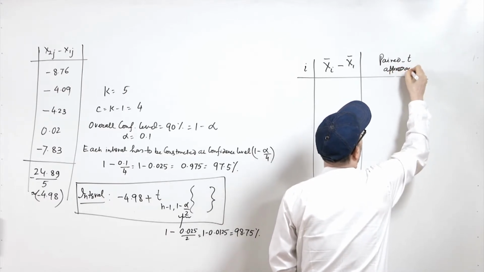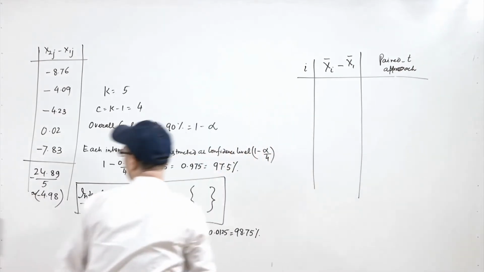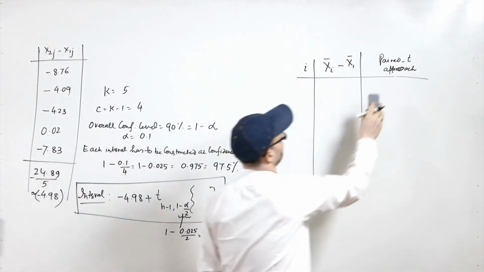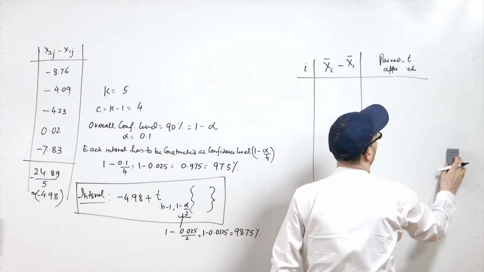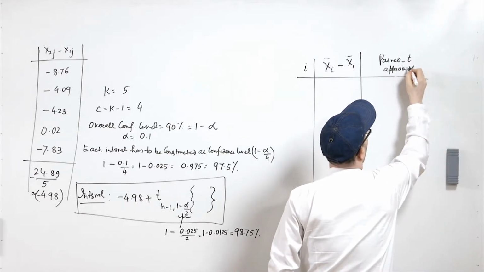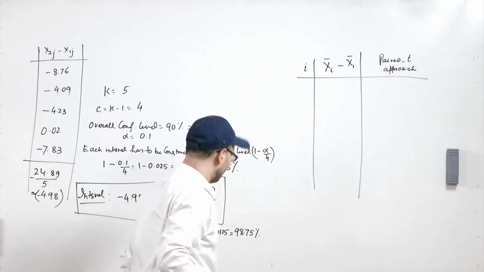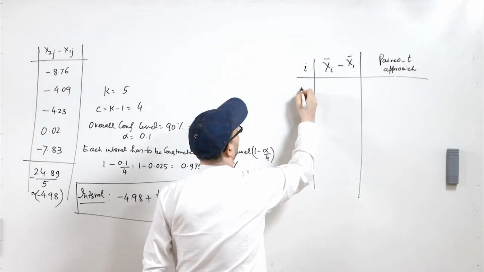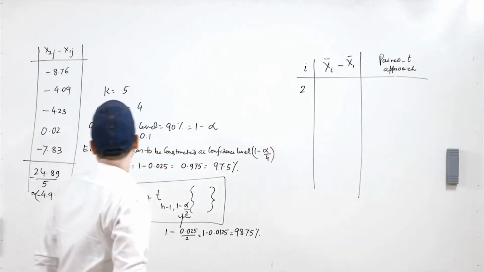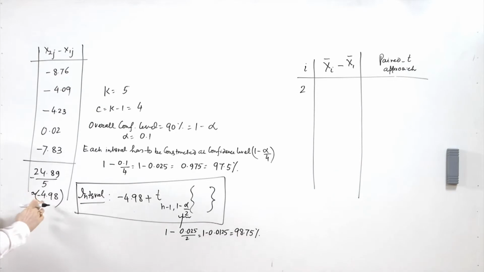So, we can do with paired t and we can also test with the Welch approach. So, in that case what we see is, for the second system, this mean is coming out to be minus 4.98.